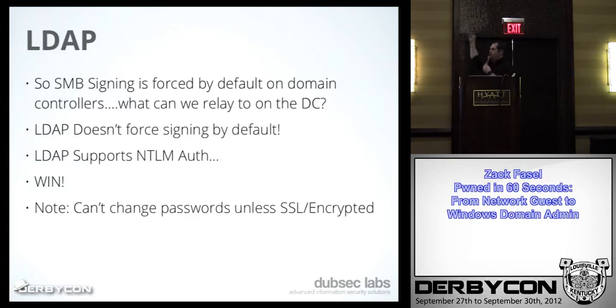LDAP on a domain controller forces SMB signing, but does not force LDAP signing. And LDAP supports NTLM. So we can now relay to domain controllers using NTLM relaying to LDAP. That's kind of cool. The only caveat is that you can't change a password unless SSL is enabled. And SSL is enabled by default in LDAP. Something to keep in mind.